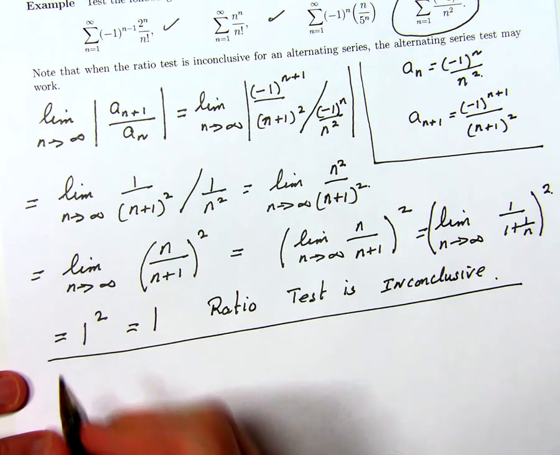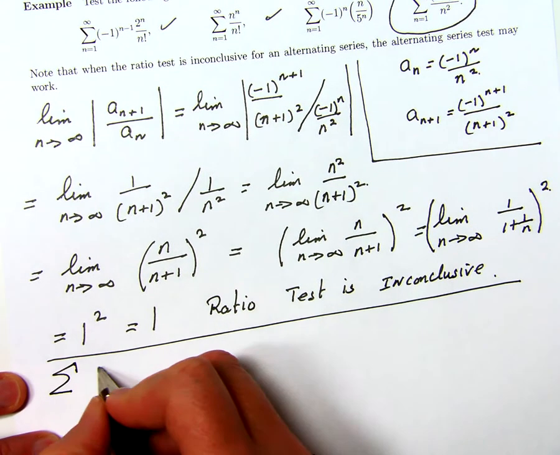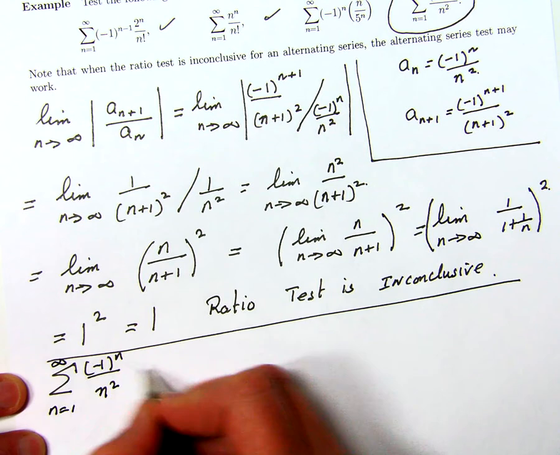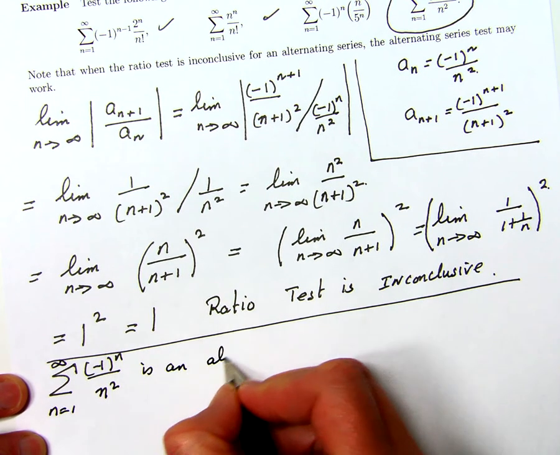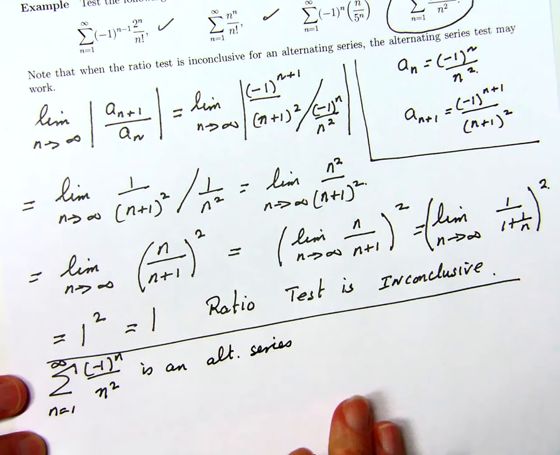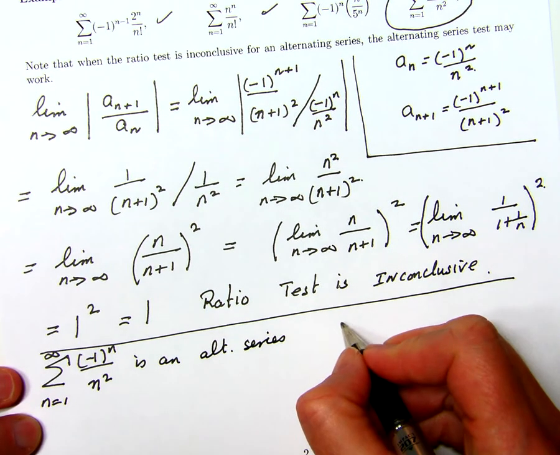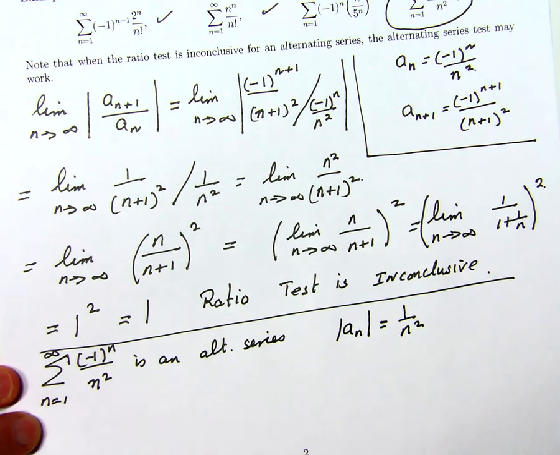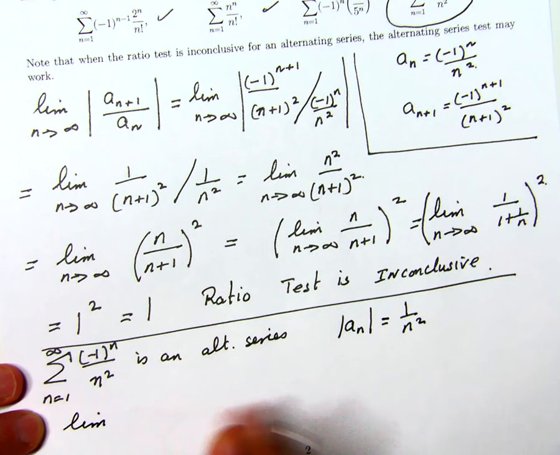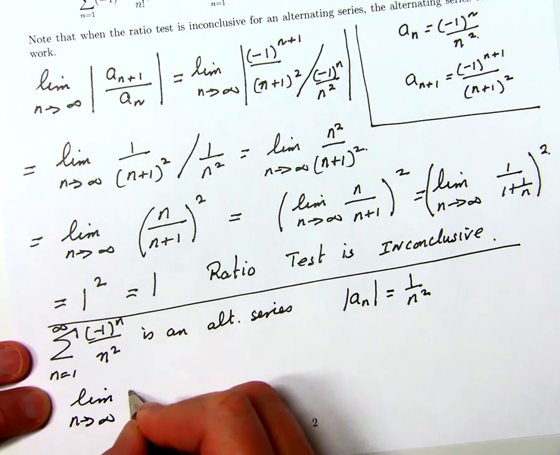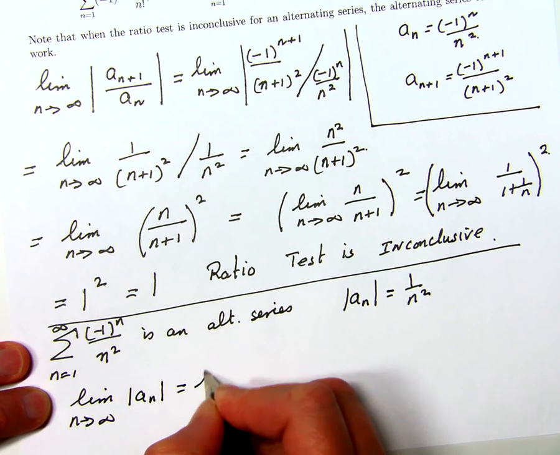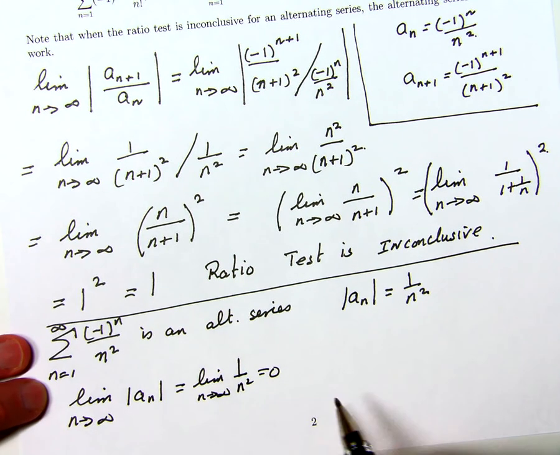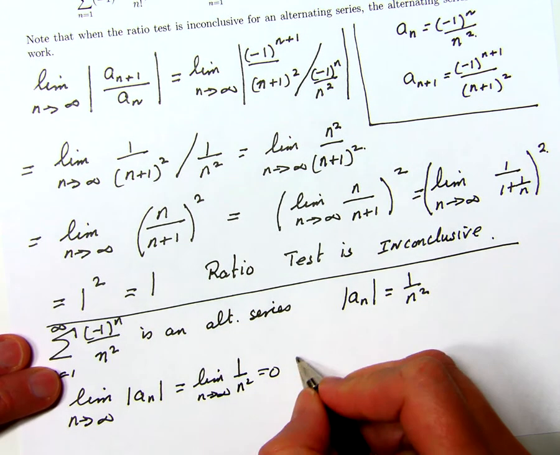So we do have that the sum of (-1)^n over n squared, n going from 1 to infinity, is an alternating series, and we have the positive part, the absolute value of a_n is 1 over n squared, and we have that the limit as n goes to infinity of the absolute values, 1 over n squared, is 0, and we also have that the absolute values are decreasing.